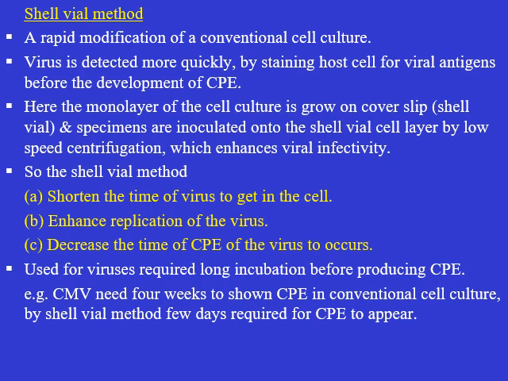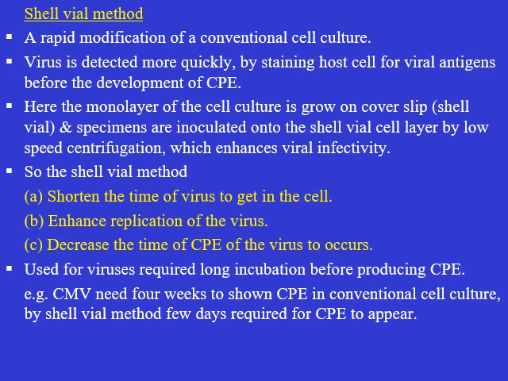Now we come to the shell vial method, a rapid modification of a conventional cell culture. Here, virus is detected more quickly by staining host cells in the cell culture for viral antigens before the development of the cytopathic effect.